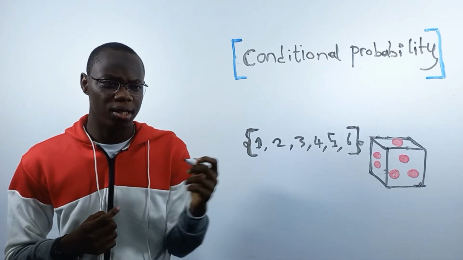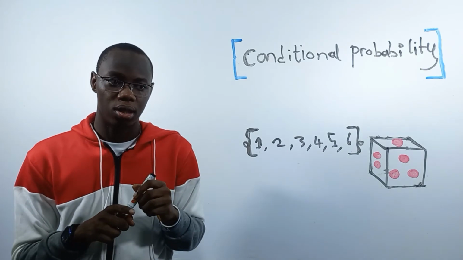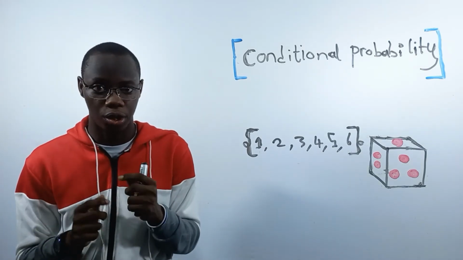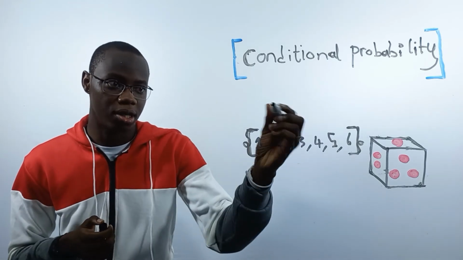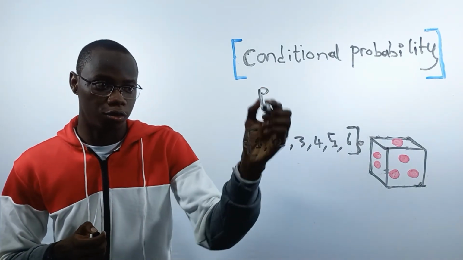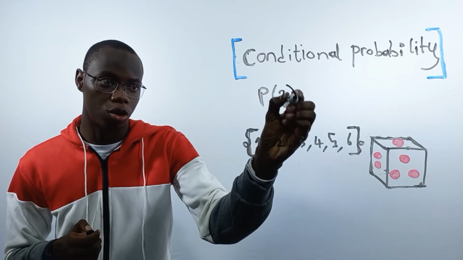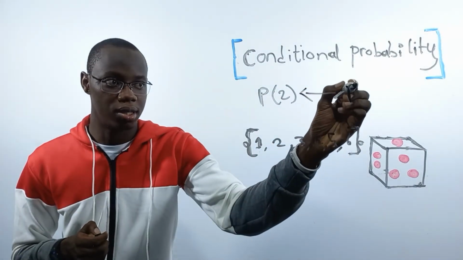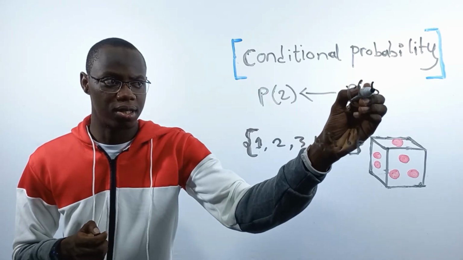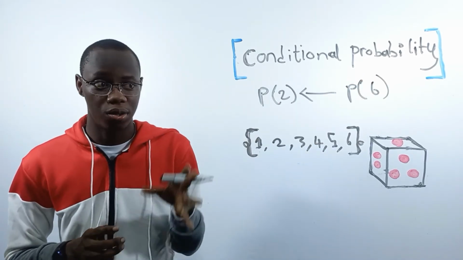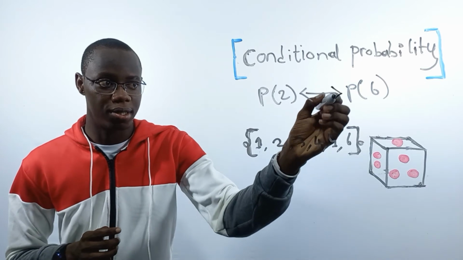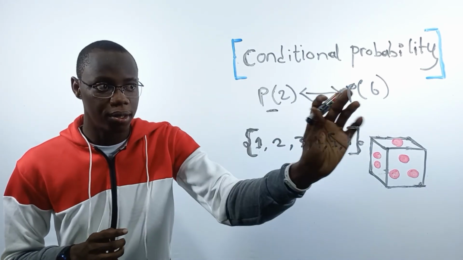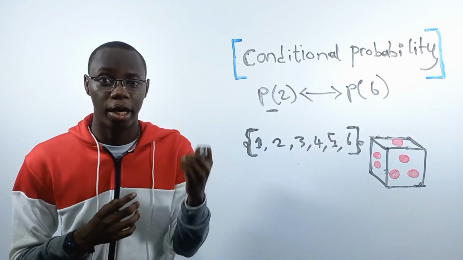So it's a type of probability where you cannot go somewhere except something has occurred already. So if I say, what's the probability of a 2 occurring given that the probability of 6 has occurred? That means what they are trying to say is, what is the probability of this happening when maybe I throw the die 2 times.